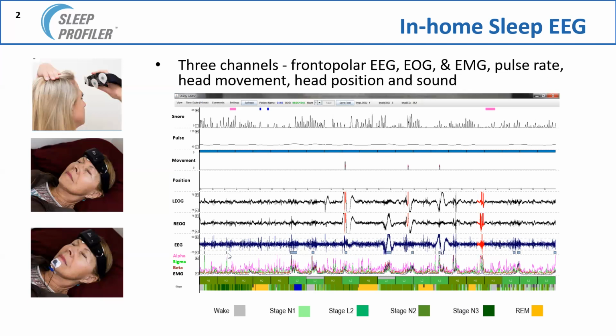We also identify spindles. They're typically very, very short duration, in dark blue. And these are our cortical arousals that we mark in a lighter blue. So again, as you look across the patterns, you can see patterns that would suggest sleep disordered breathing, especially when you get cortical arousals, head movements, and changes in snoring.